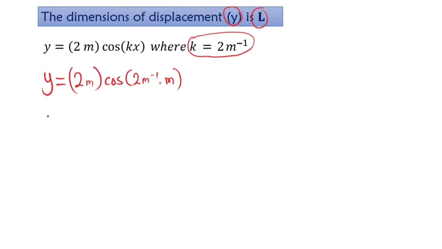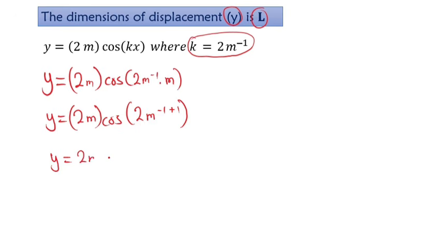So we have y = 2 meters times cos. Now what will happen here is m⁻¹ is multiplying with m, so the powers will add. That is negative 1 plus 1. If those powers add, we get m to the power 0, and we know that any number raised to the power 0 is 1.